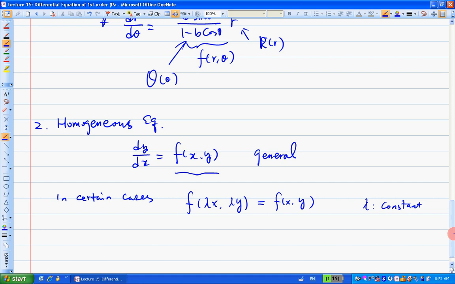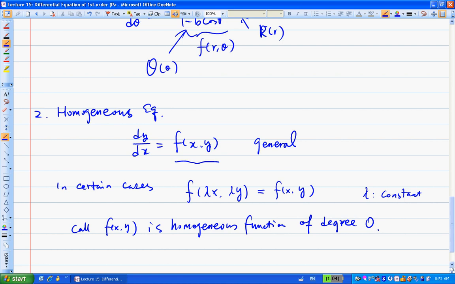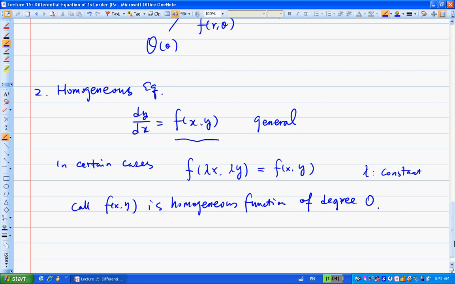When you have such a case, we call f(x, y) a homogeneous function of degree 0. So that's where the name homogeneous comes from.